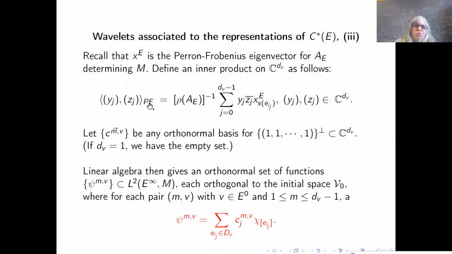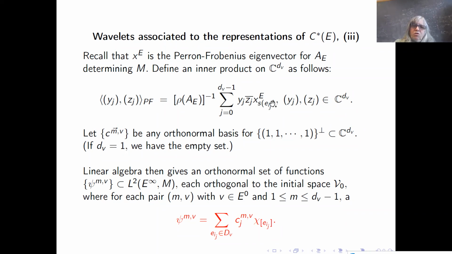Well, we can use this to define an inner product on C^{d_v}, complex numbers d_v times, like so. Here we're just using the entries of the Perron-Frobenius eigenvector for the edges whose ranges are v.